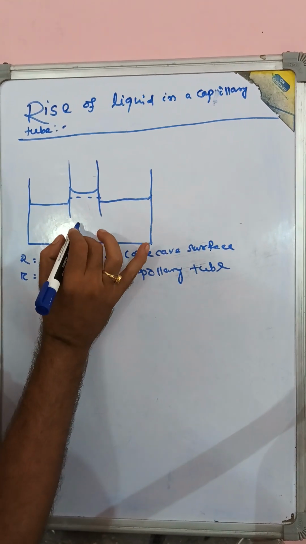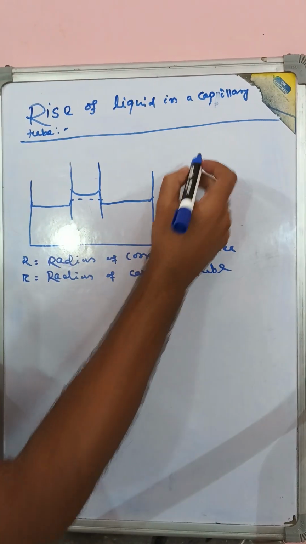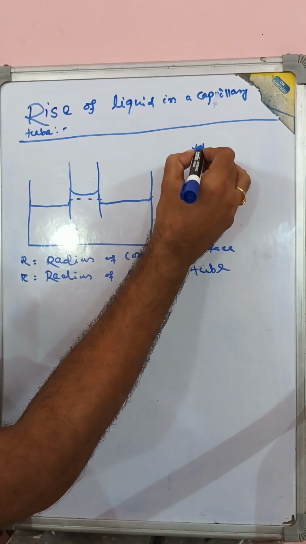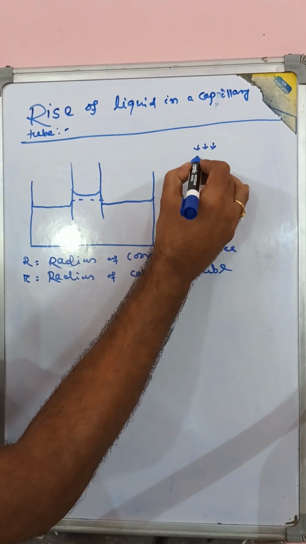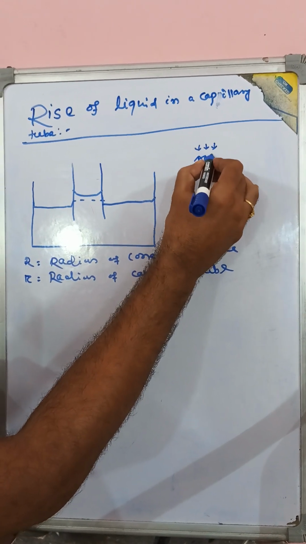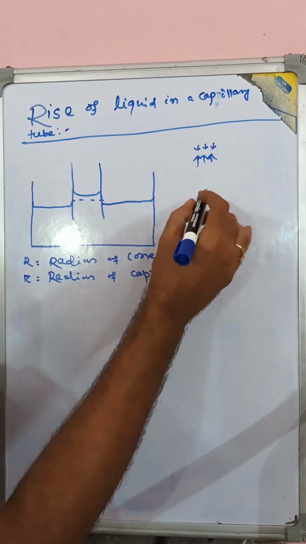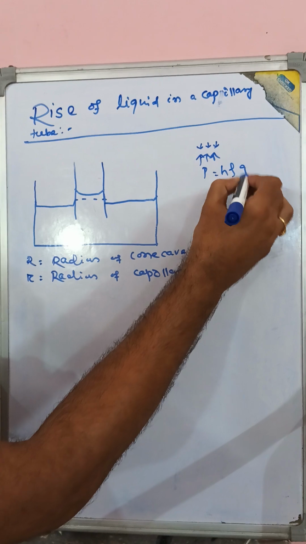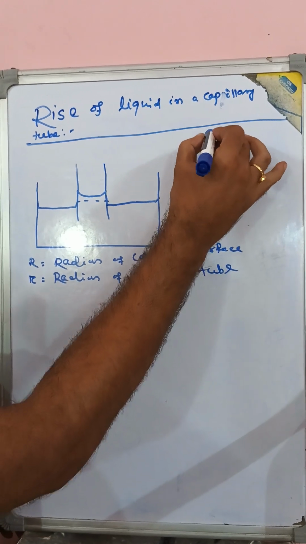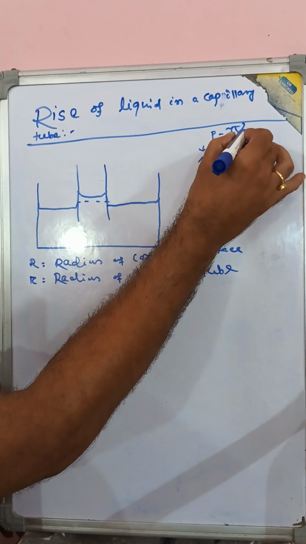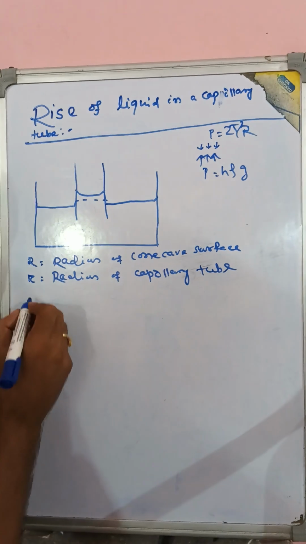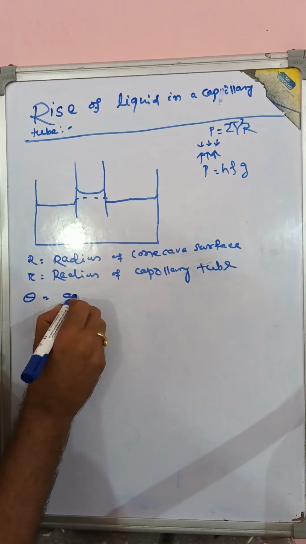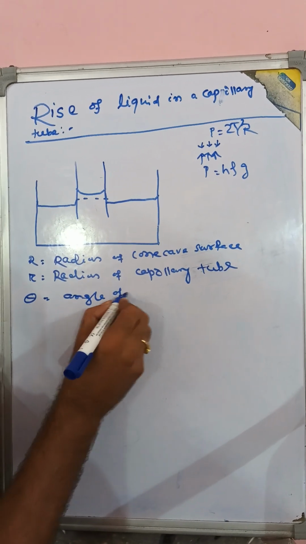Then this pressure, the upward force and downward force: P is equal to h rho g, and this pressure is equal to 2T by R. Theta is the angle of contact.